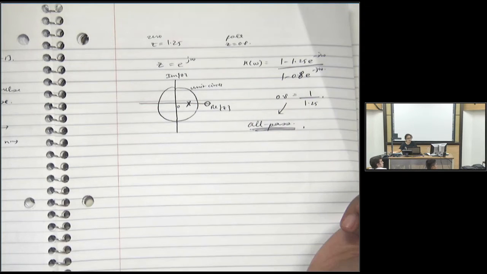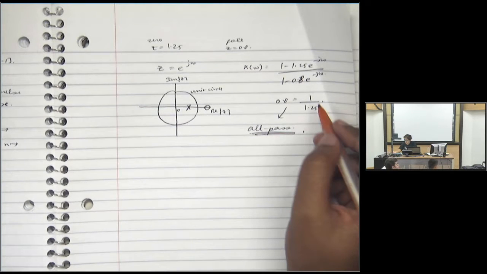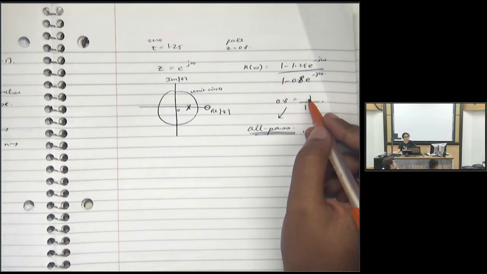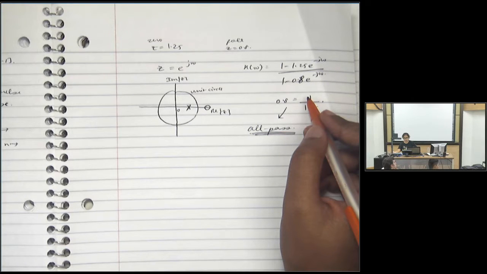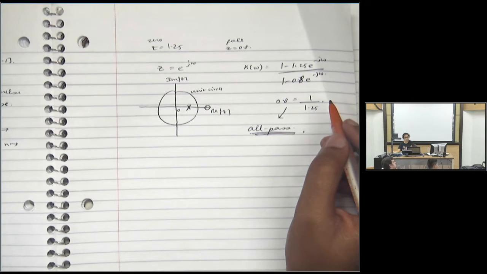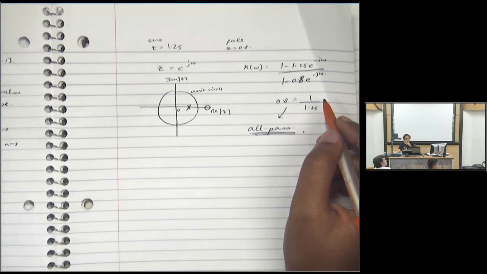Could you explain how you got that expression one more time? The 0.8 equals 1 over 1.25. That's just an observation. So it's proportional, 1 to 1, right? Yeah, it's 1 to 1. It's not scaled. If you calculate 1 over 1.25, you'll get 0.8. So you said it's inversely proportional, right?